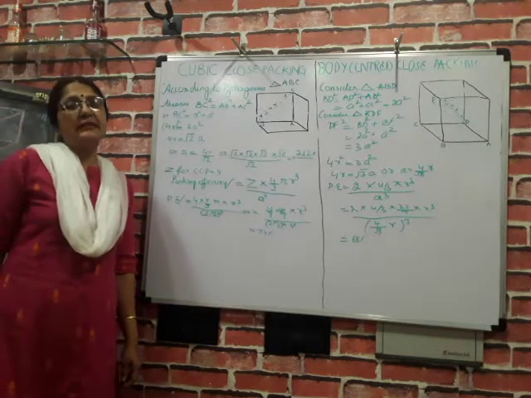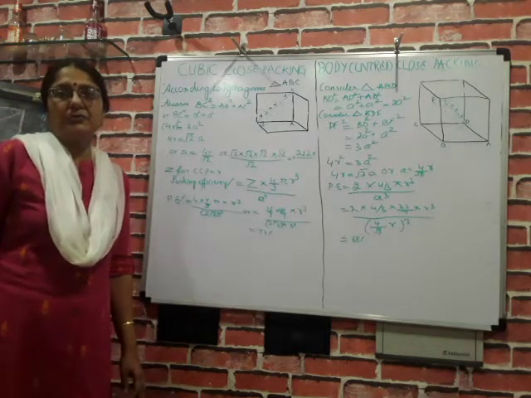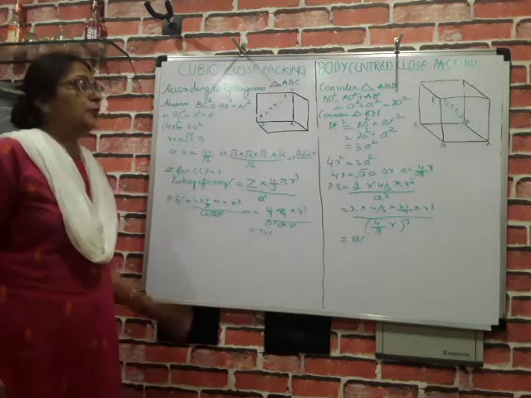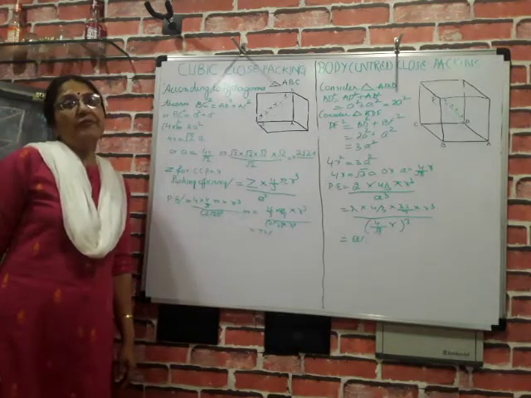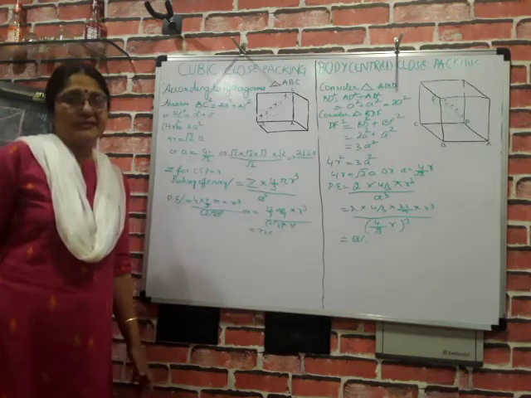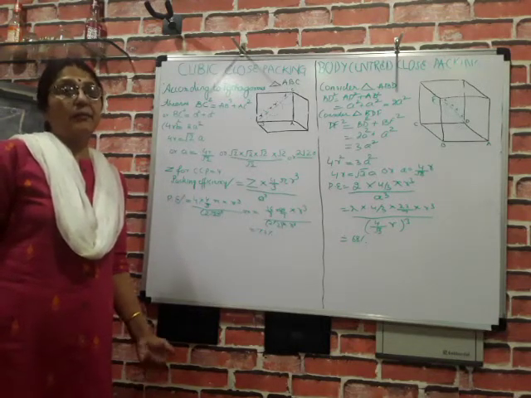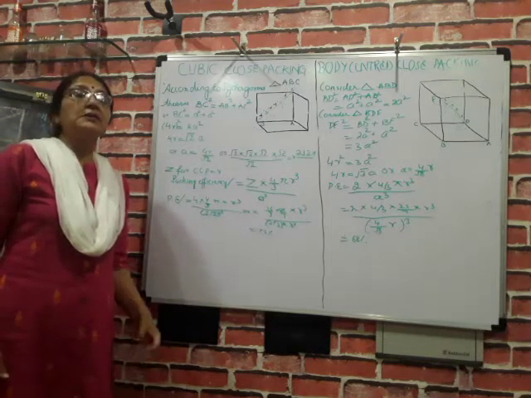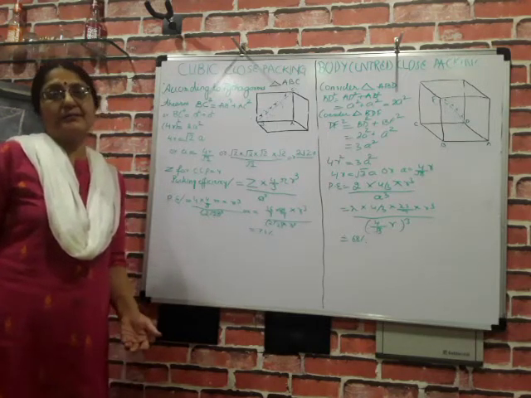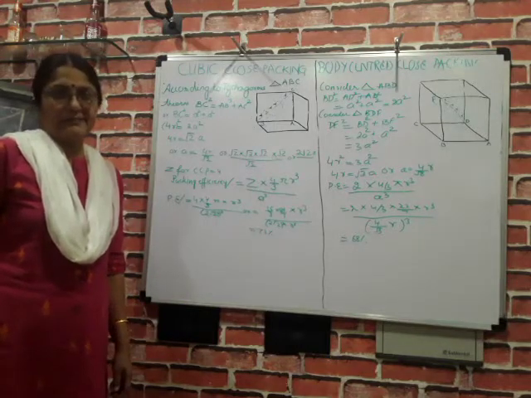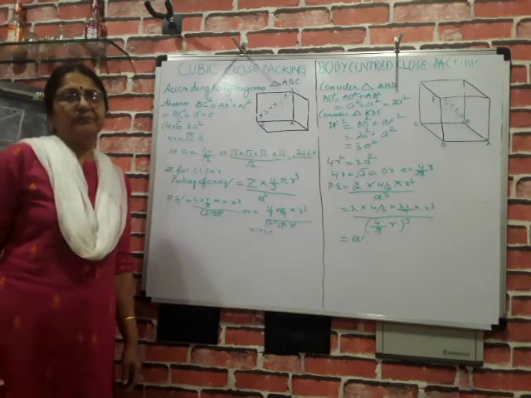In the previous class we discussed close packing in 2 dimensions and then 3 dimensions. Today we will talk about packing efficiency. Actually, it determines the total space occupied by constituent particles in a given space.